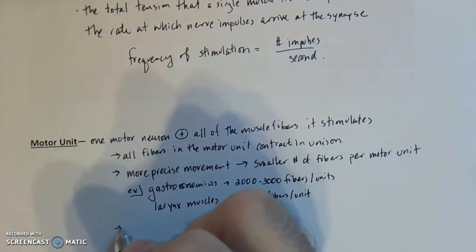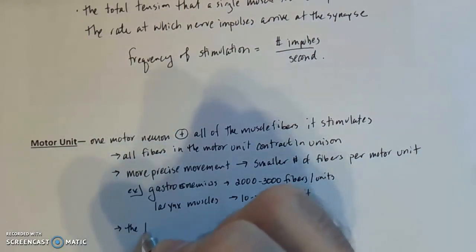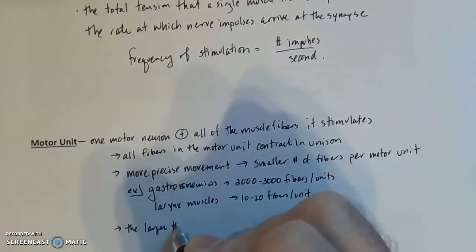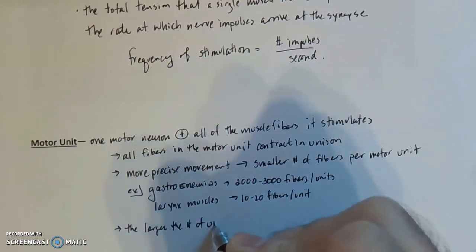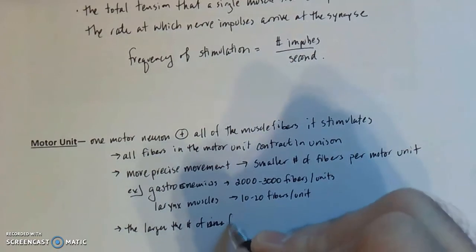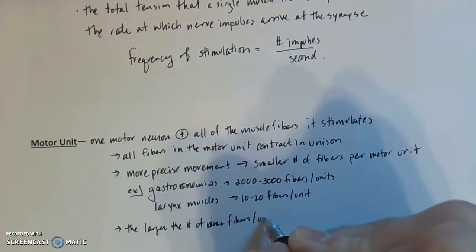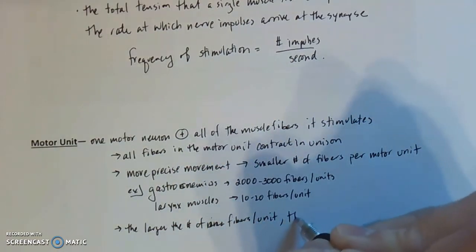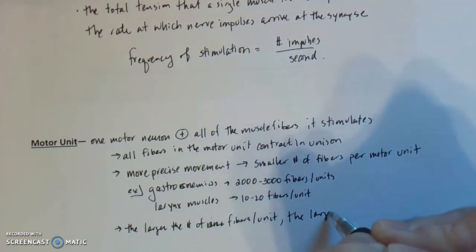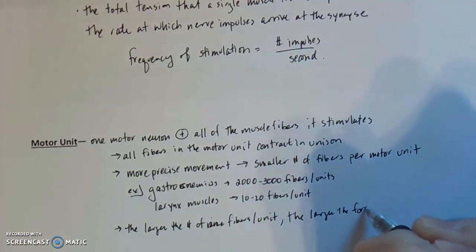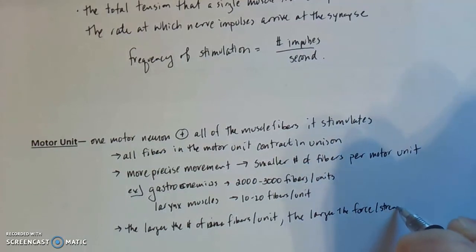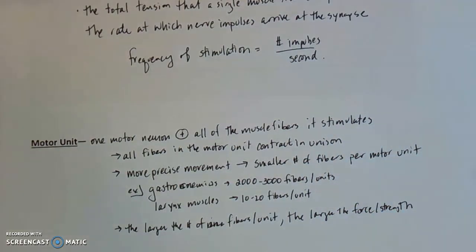And of course, the larger the number of fibers per unit, the larger the force or strength of the muscle, because we have to recruit more fibers in a unit with strength, and the contraction increases.